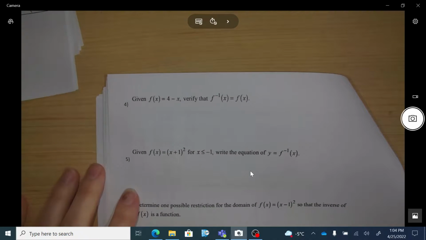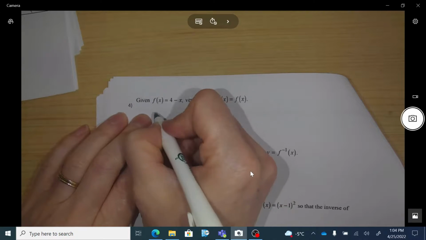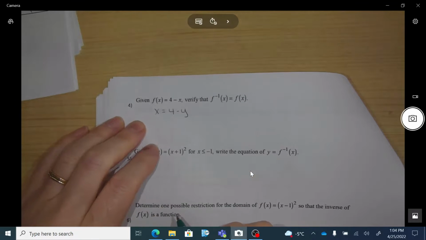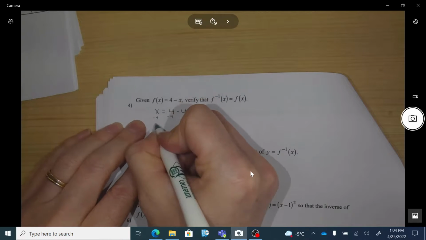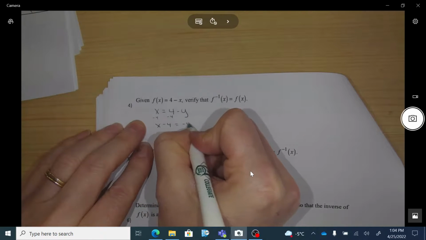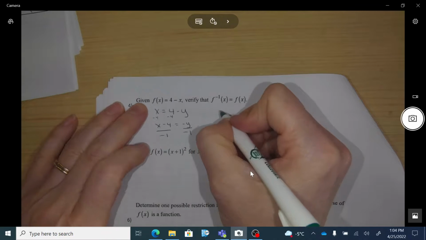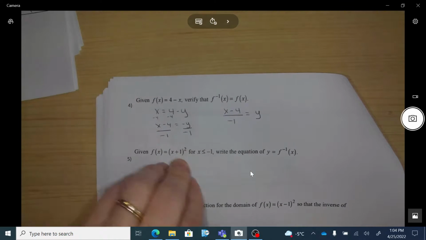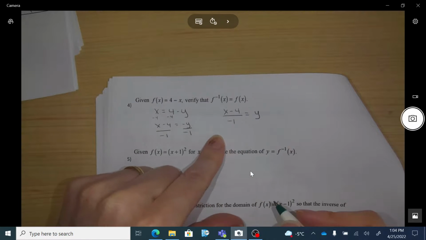Given this, verify the inverse equals the original. So this is the original y, so now I'm going to make it the x. This original x, I'm going to make it the y. So I'm going to subtract 4, and then I'm going to divide by -1. So x minus 4 over -1 equals the new y. And I'm actually going to divide that by -1.